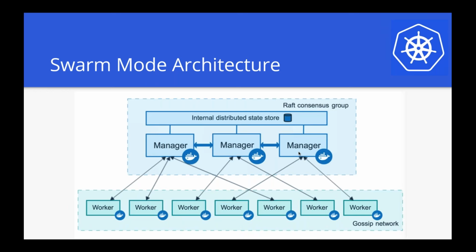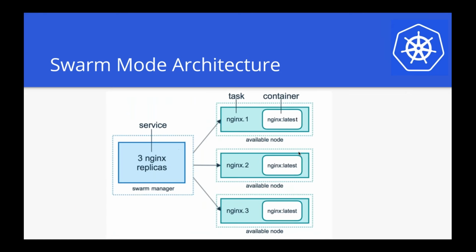So basically, that contains the state of the current deployment, which includes all the master nodes, all the worker nodes, all the running containers, their replicas, the volume information, the network information, the ingress, everything is going to be maintained within that. And then this is how applications get deployed.